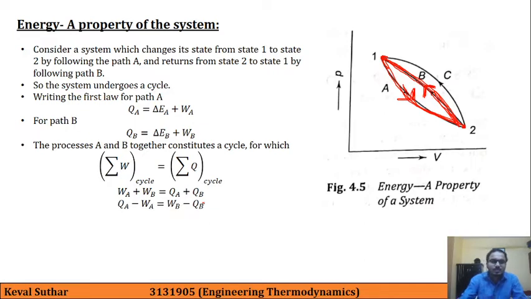With some mathematical simplification, we get QA minus WA is equal to WB minus QB. So finally we get this formula, that delta EA is equal to minus delta EB.